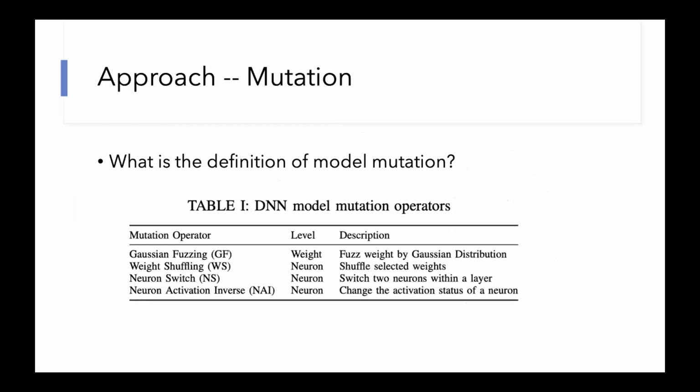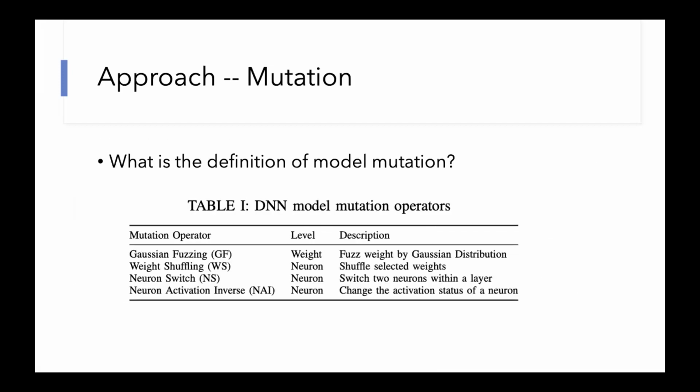And the last one, neuron activation inverse, which is actually multiplying the weight by -1. So it changes the activation status of a neuron. It's more like that neuron sends an inverse signal, from positive to negative and negative to positive.